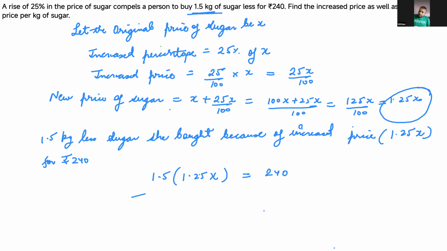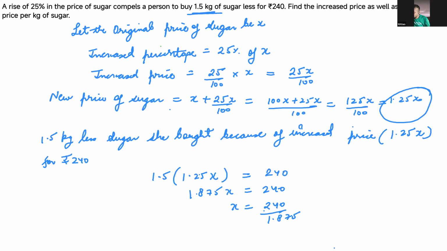Now, when you multiply it, what will you get? Let me check. 1.5 multiplied by 1.25 will become 1.875. So 1.875x equals 240. x equals 240 by 1.875.